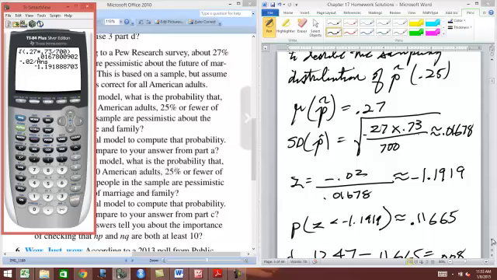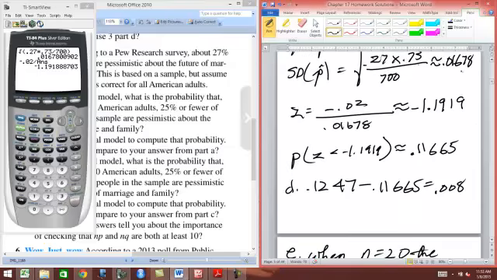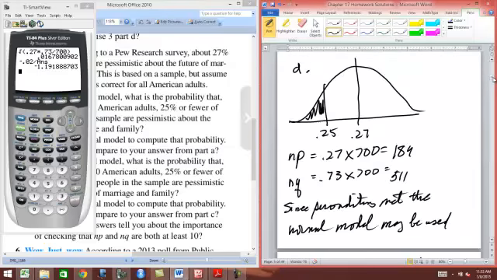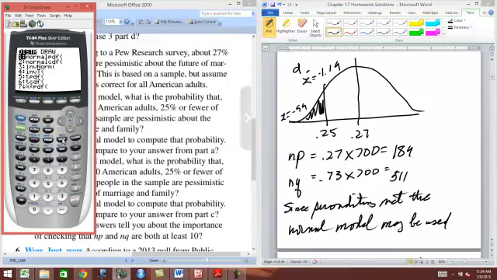Okay, and so let's go back to our drawing. So z equals negative 1.19, and then at the end of the tail, z is negative 99. So now I'm going to calculate the probability that the z-score is negative 1.19 or less. So I'll do second, vars, normal CDF, and I'll put in negative 99, comma, negative 1.19.